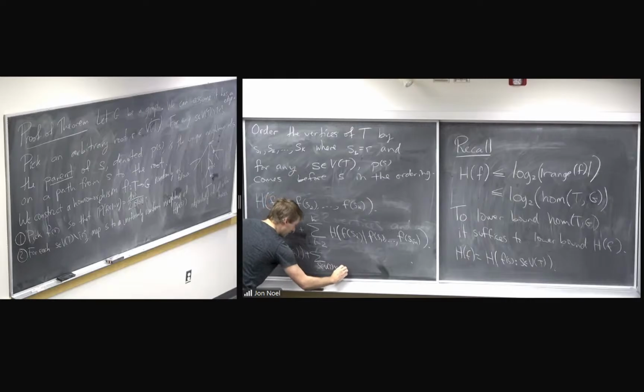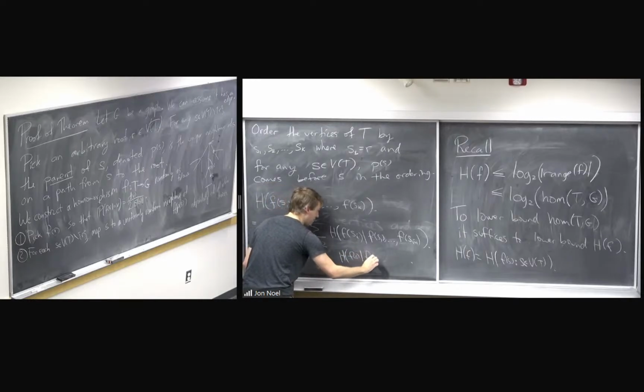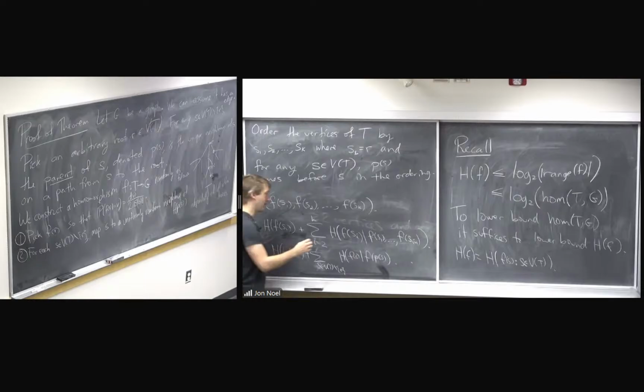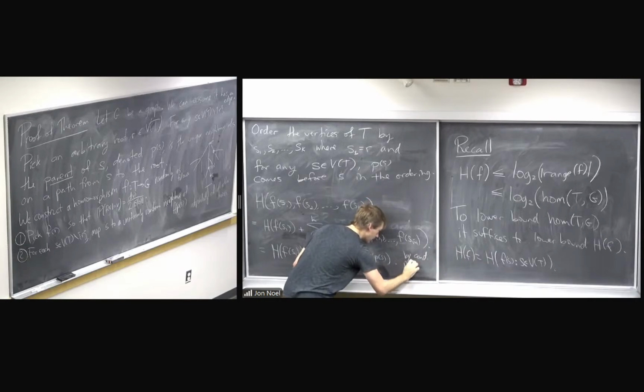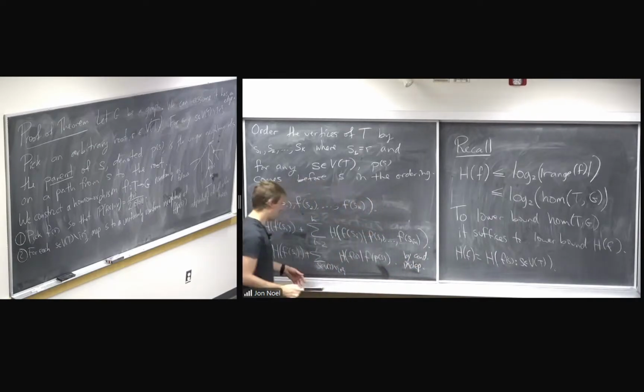So I'm now getting rid of this ordering in some sense. And we have the entropy of f of s given f of the parent of s. Okay, and this is by conditional independence. Okay, so this is very sensitive to the actual way we constructed this thing, right? Okay.